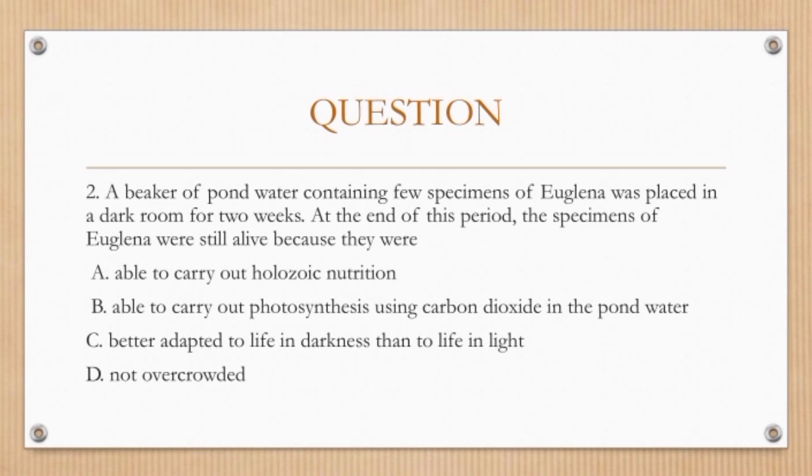Let's see the options before we go to the solution. The Euglena were still alive because they were: A, able to carry out holozoic nutrition; B, able to carry out photosynthesis using carbon dioxide in the pond water; C, better adapted to life in darkness than life in light; and D, not overcrowded. So what is the answer?